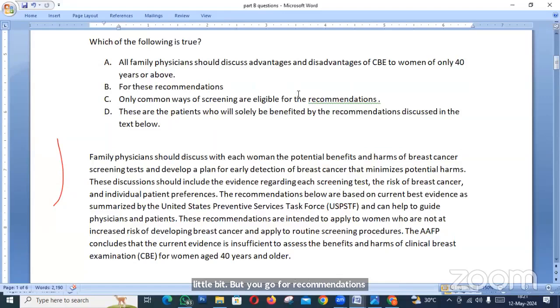These recommendations are intended to apply to women who are not at increased risk of developing cancer and apply to a routine blood screening procedure. These recommendations only common ways of screening.